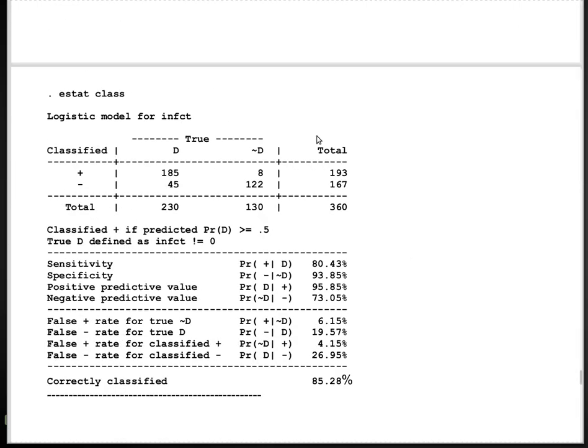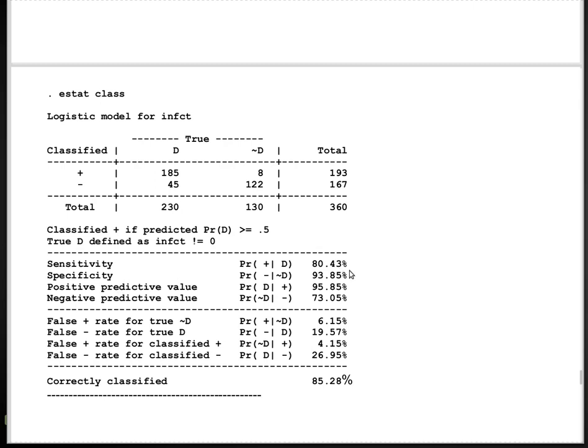Then we could, for example, determine the sensitivity and specificity of this using the threshold of 100 as based on CK in this instance.